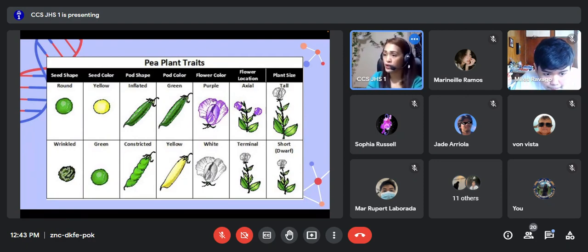And for each particular trait, there are actually 2 options, or alleles. For example, you have seed shape, seed color, pod shape, pod color, flower location, and plant size. And for each trait, for example seed shape, the seed of the pea plant can either be expressed, or observed, as round or wrinkled.